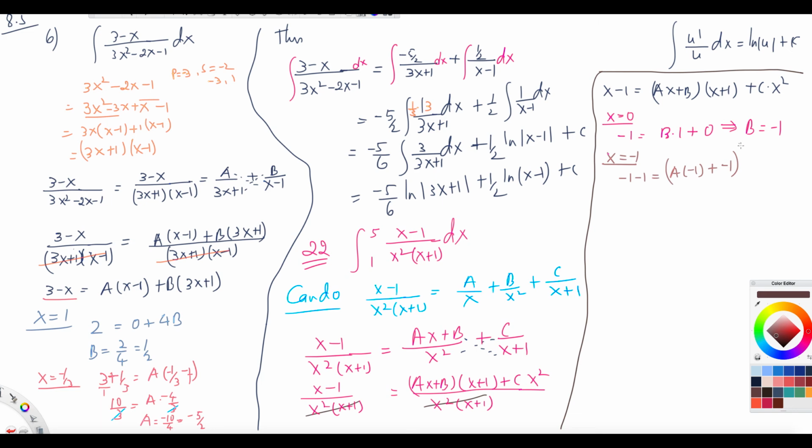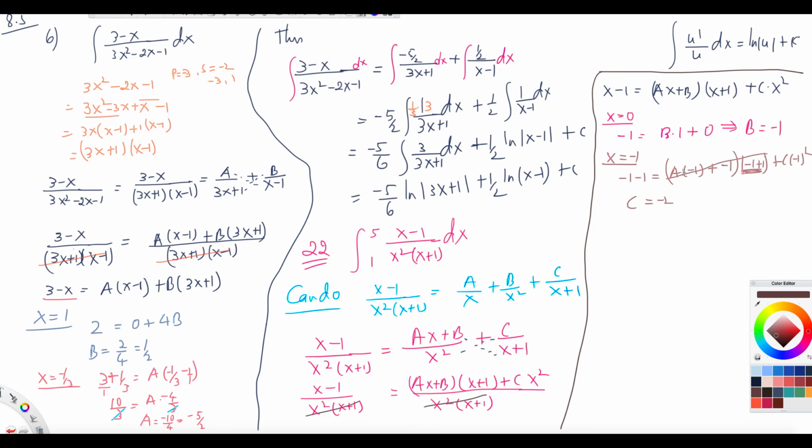But x is negative 1, so x plus 1 will be 0, so the whole thing will be 0, plus c times negative 1 squared. So the whole thing is 0 because this factor is 0. So what do you get? C times negative 1 squared is just c, so c equals negative 2. I got c as well.